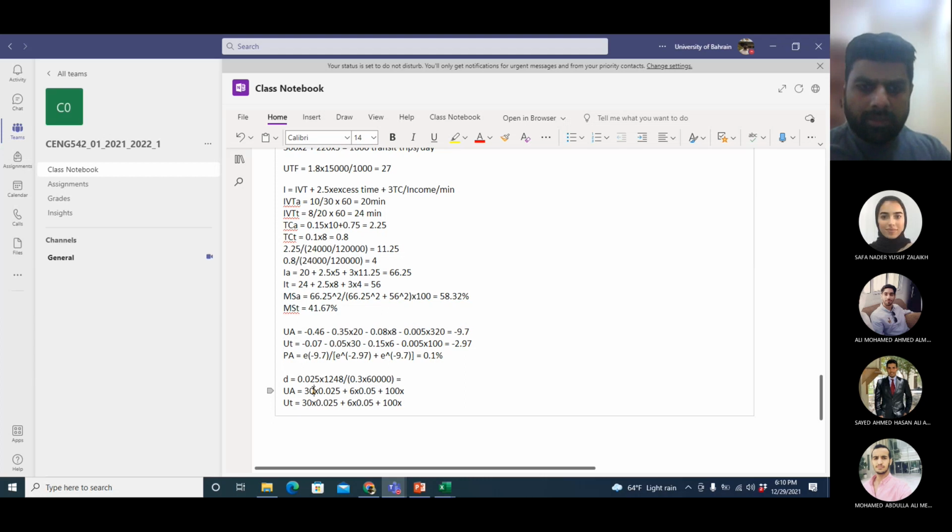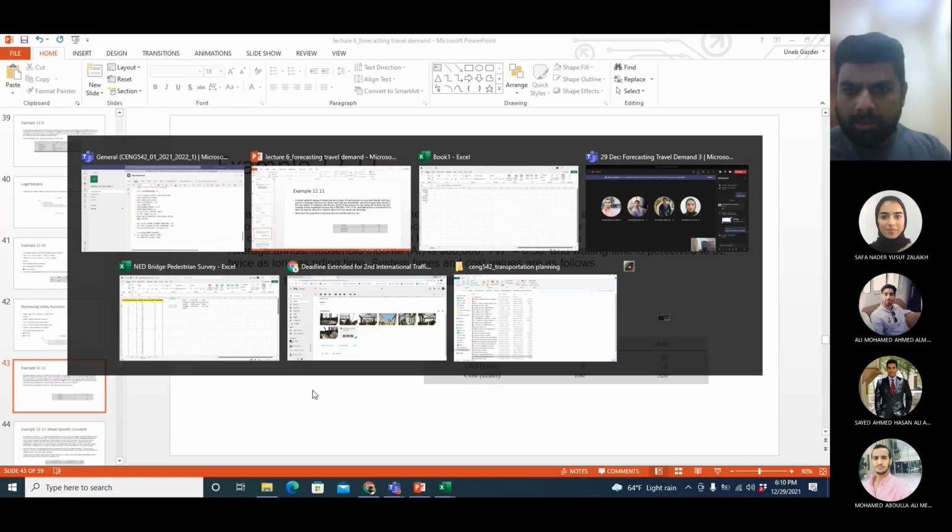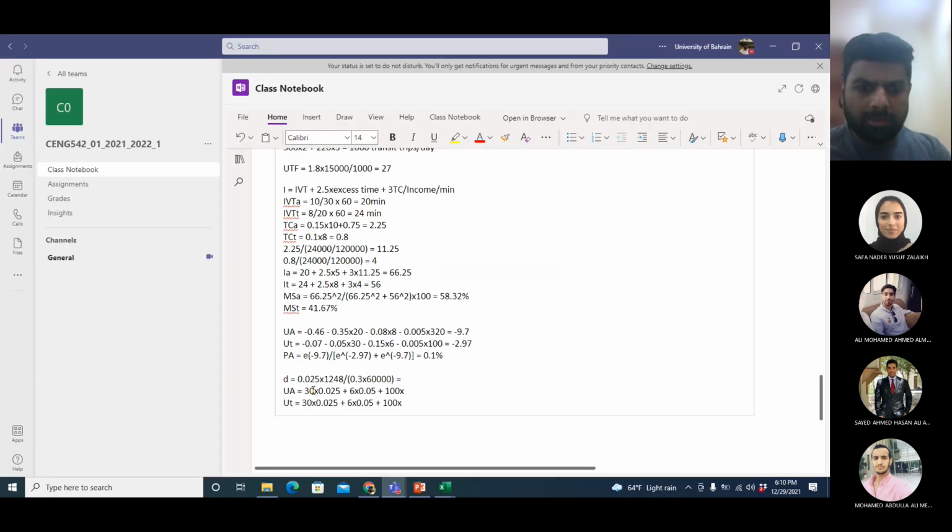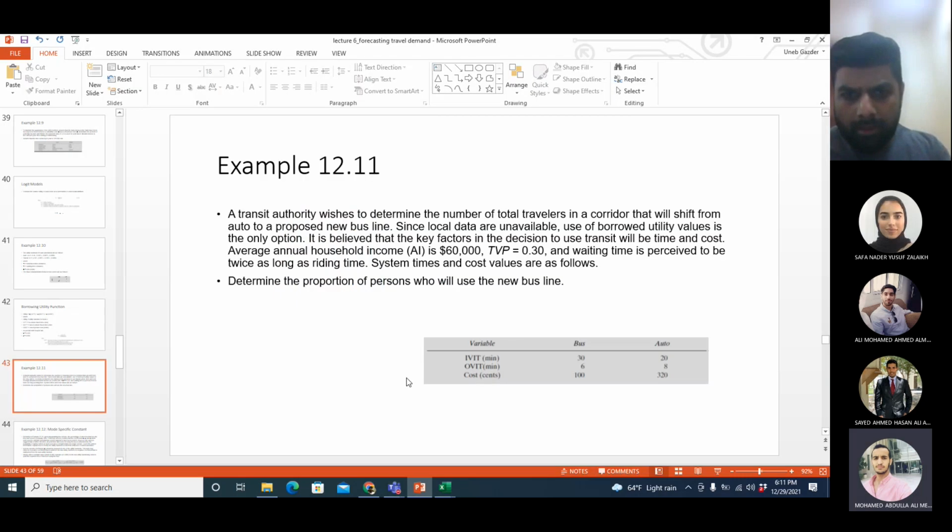So instead of 30, 20, sorry, this is for transit then. The auto D equals 0.017.